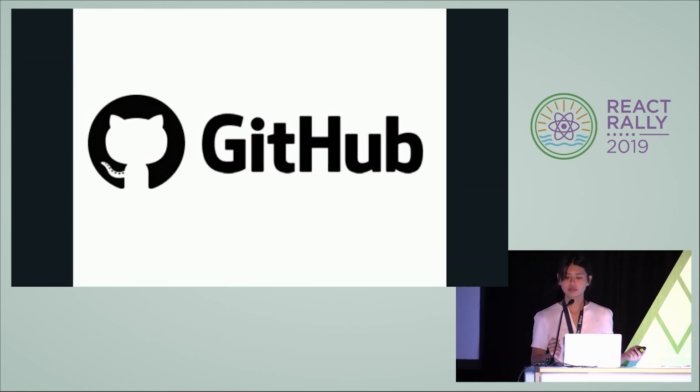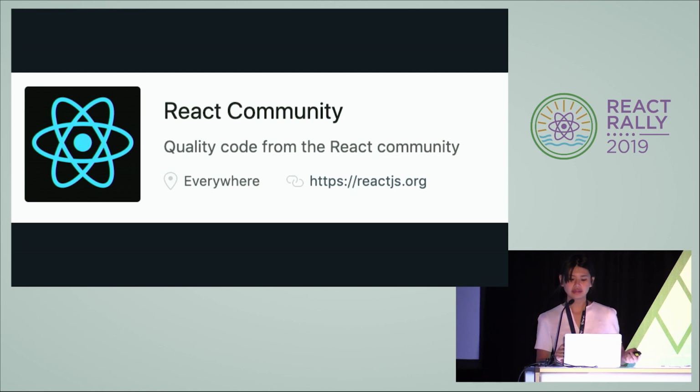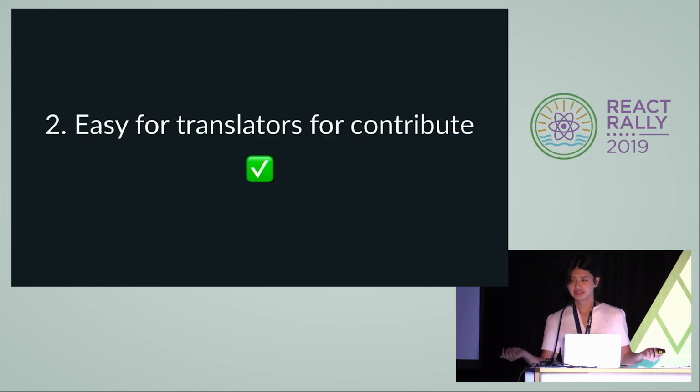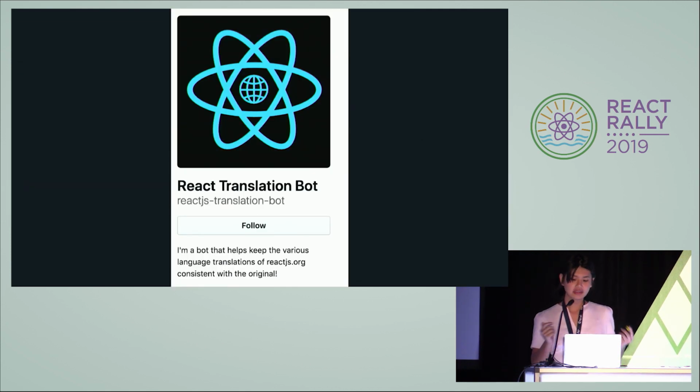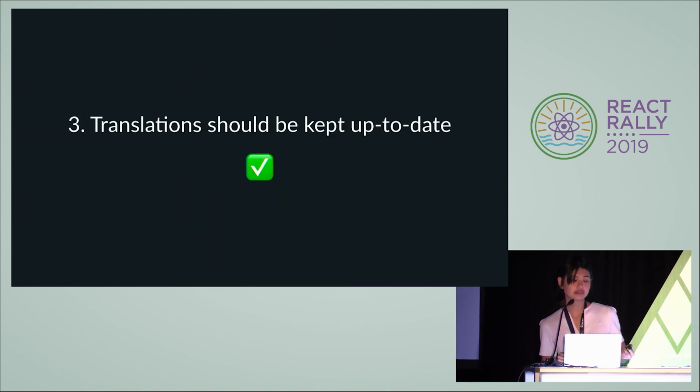It's a system that a lot more developers are familiar with. And moreover, people like to contribute to the React project on GitHub to be able to boost their open source cred. So that's also good. And by making a bot and using Git itself to track updates, we can get our third criterion, which is keeping the translations up to date.